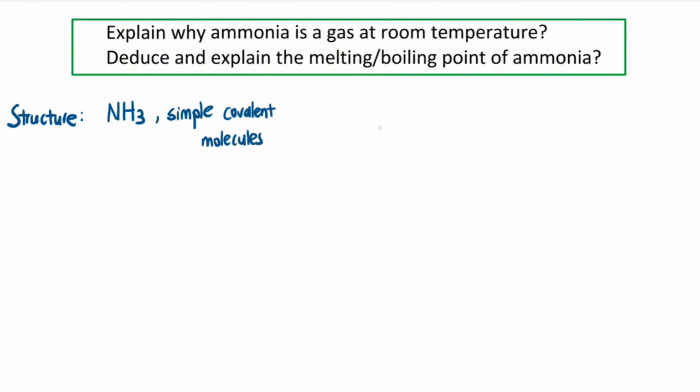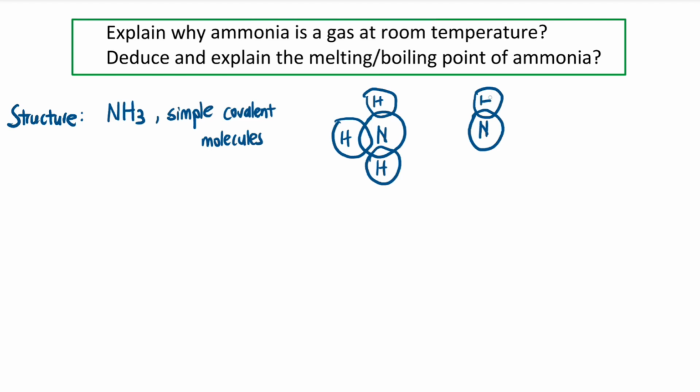They might look something like this. As you can see here, each individual molecule of ammonia consists of one nitrogen atom and 3 hydrogen atoms.